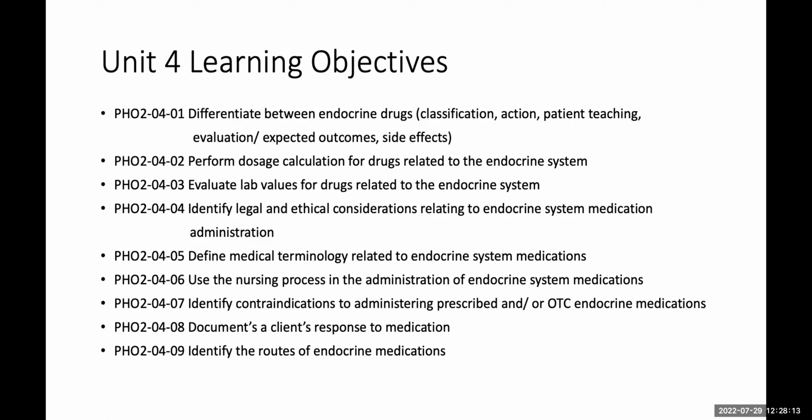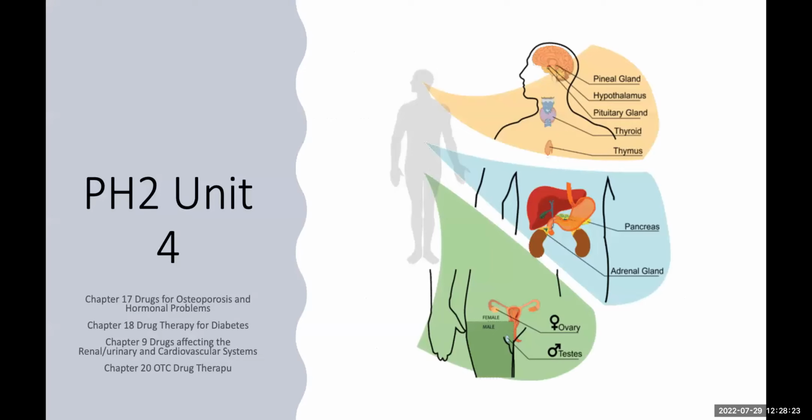Be aware of and define your medical terminology related to endocrine system medications. I have the vocabulary in here that comes from chapters 17, 18, 19, and 20. Then I went back to your other pre-exams and added vocabulary from chapter 20 to all of those.